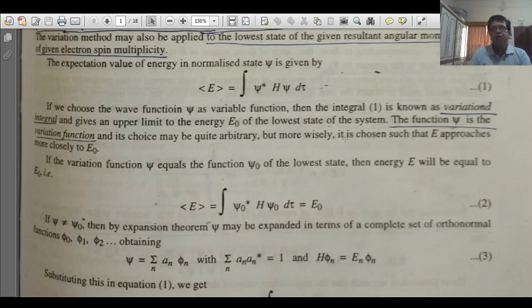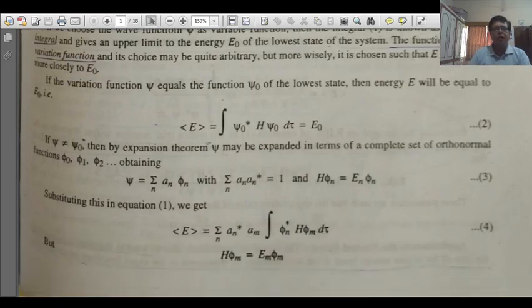The trial function is chosen by an arbitrary method, but our aim is that the trial function should be such that the result E approaches more closely the ground state energy E0. That is the point to be noted.